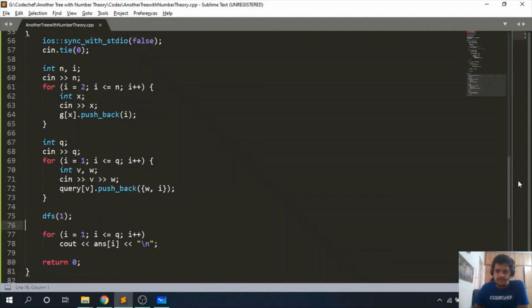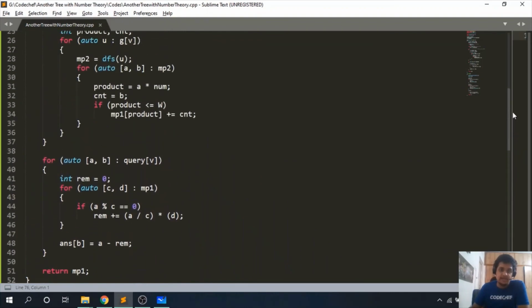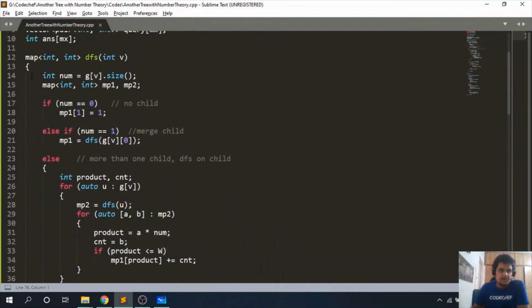The dfs1 function is a simple dfs with a few changes. Now we go to this dfs function. Here I've taken num, which is g of v dot size. It tells us how many children this v node has. If the number is 0, then we simply put mp of 1 equal to 1. That is no child, so that is the leaf node directly. Now if the number of children is 1, then we are merging the child with the parent node.